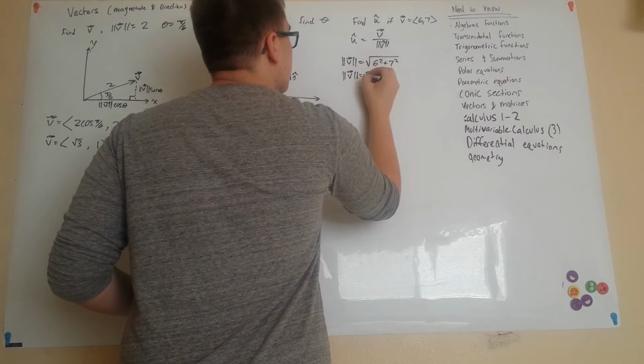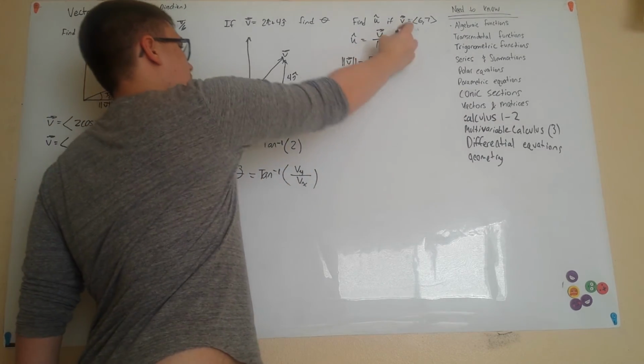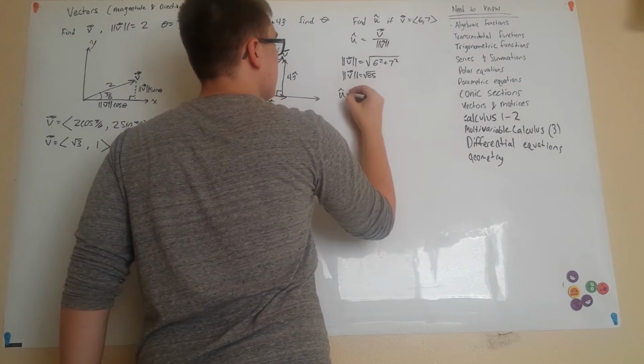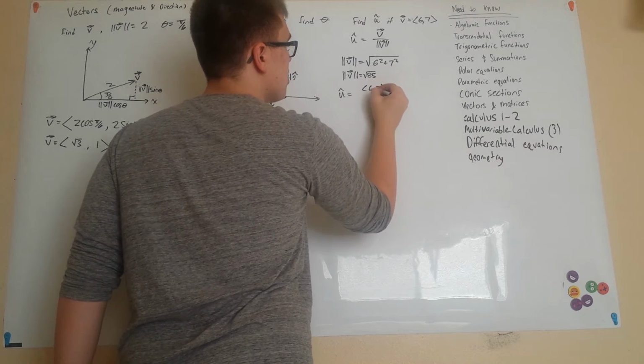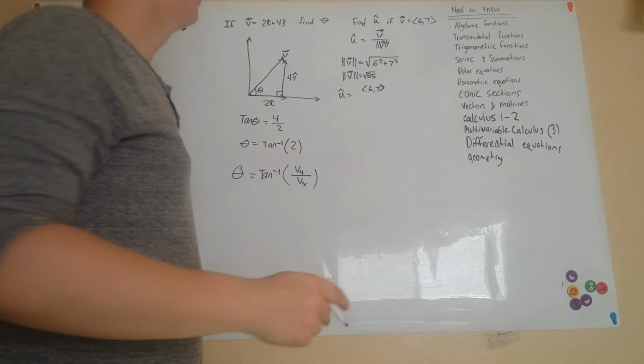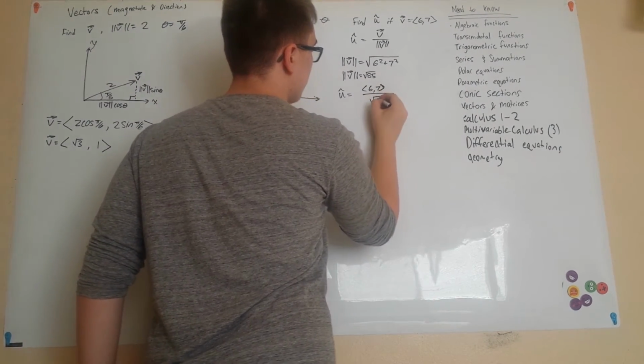So the magnitude of vector v is the square root of 85. Well, let's just divide that. So the unit vector is (6, 7) over the square root of 85.